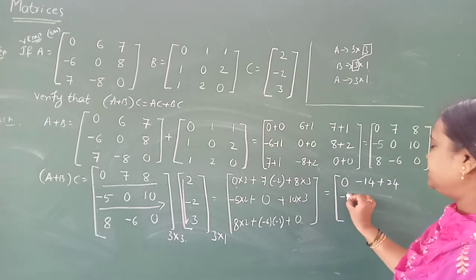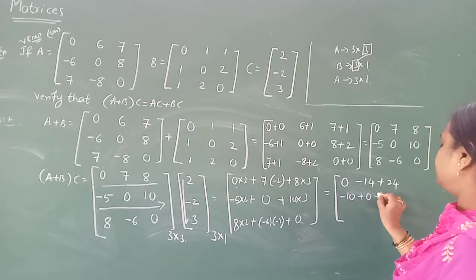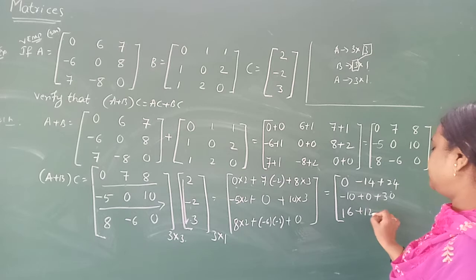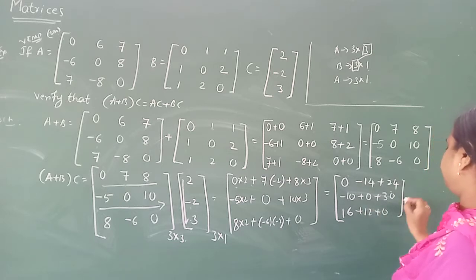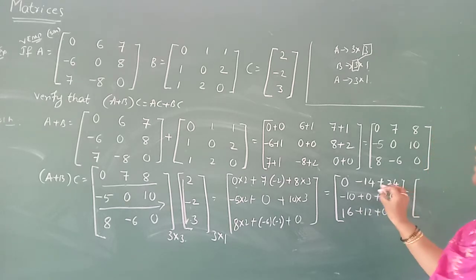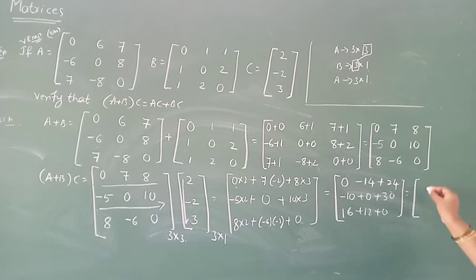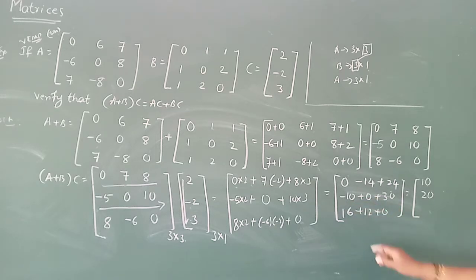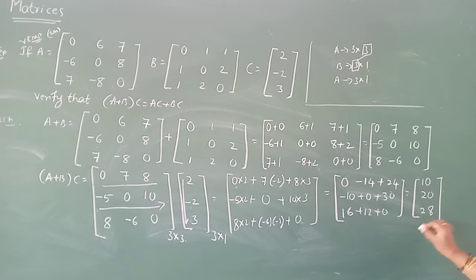Next, minus 10 plus 0 plus 30. 16 plus 12 plus 0. 24. Minus 14, 10, 20, 30 minus 10, 20, 16 plus 12, 28.